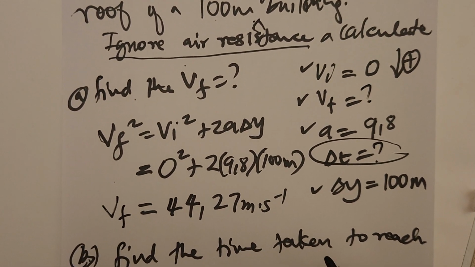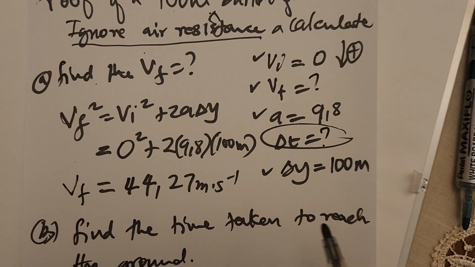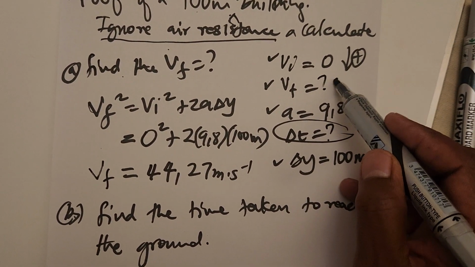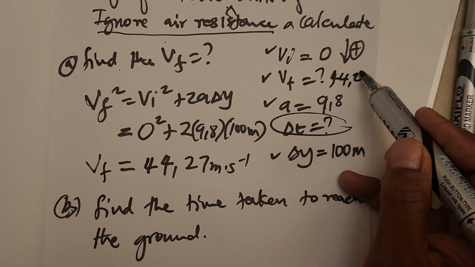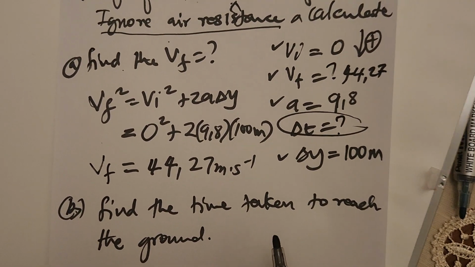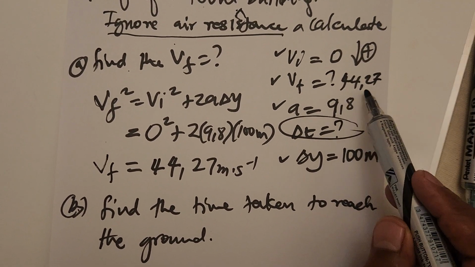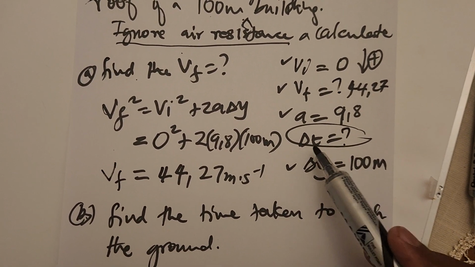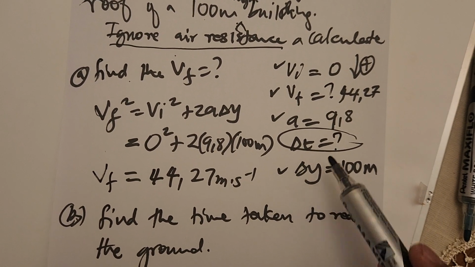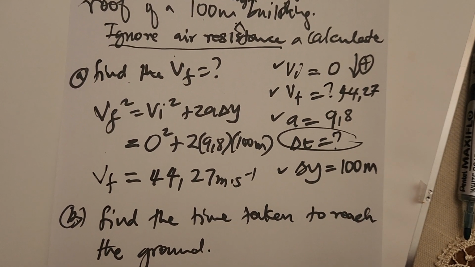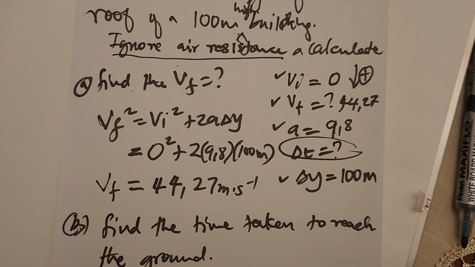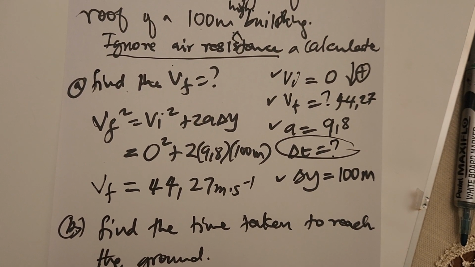Therefore, in this case, the advantage with this one is that now we know 4. Remember, this one is 44.27. There is what you call positive marking. Even if this one is wrong, if you use it to calculate time in any of the formulas where time exists, then it will be correct. So now we go for the formula with delta t. The easiest one will be the first one.